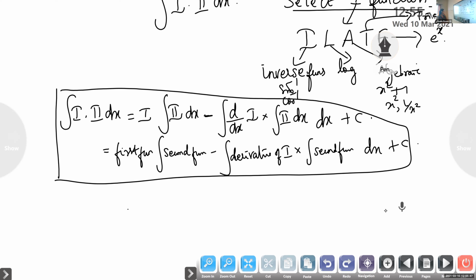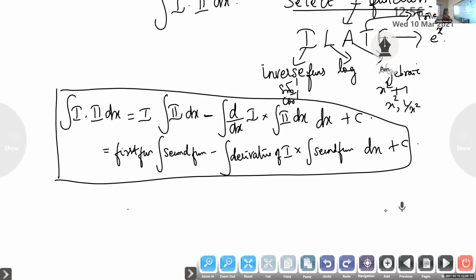Can you repeat this? Anila Mohanan, try this. First function into integral of second function minus derivative of first function into integral of second function into dx plus c.